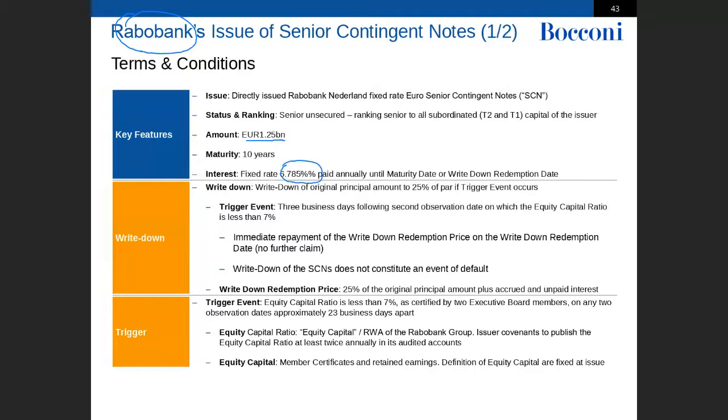And basically, the write-down was 25%. So in other words, if the core tier 1 ratio goes below 7%, a quarter of this amount gets written off. That's a very simple instrument in terms of features, but this is the most recurrent, relevant instrument in the marketplace.